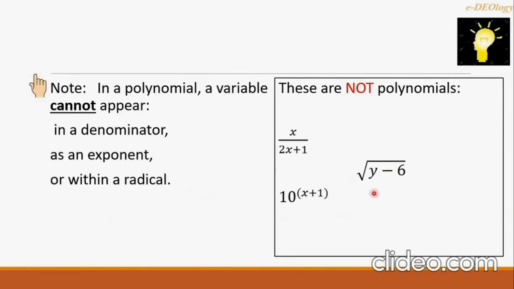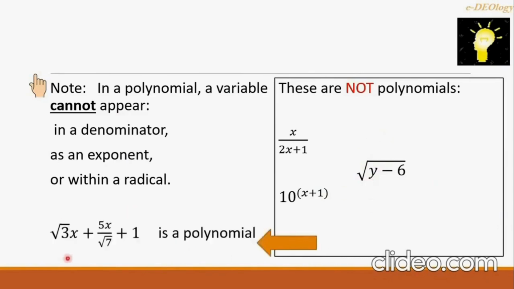In this example, the square root of y minus 6, there is a variable y in the radicand, or I can say there is a variable inside the radical symbol. So this is not a polynomial.